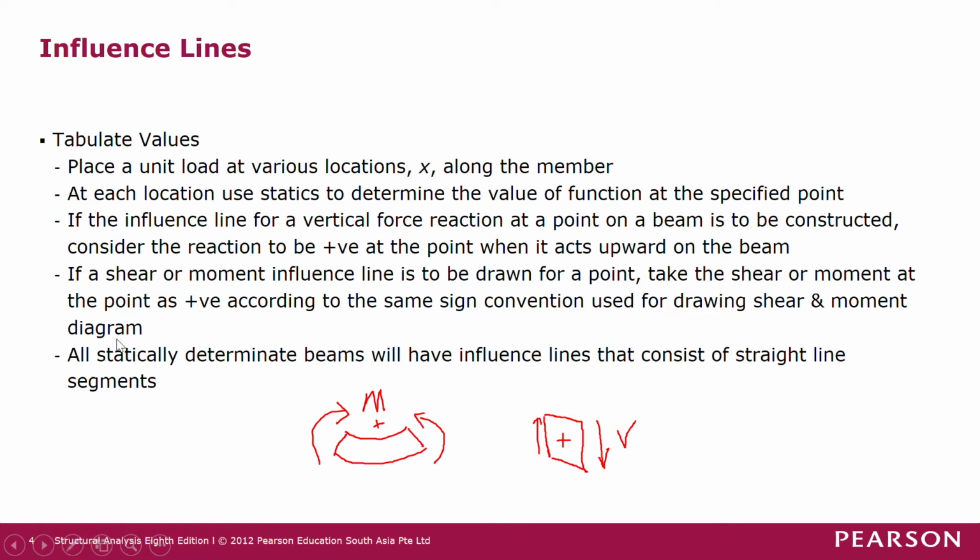All statically determinate beams will have influence lines that consist of straight line segments. So for statically determinate beams, we will have only linear functions or linear graphs as the influence lines.